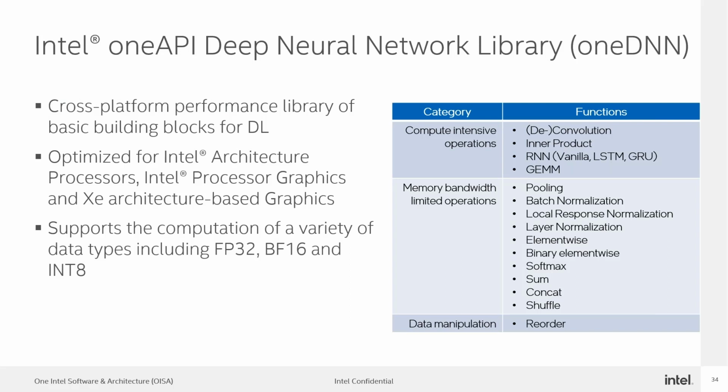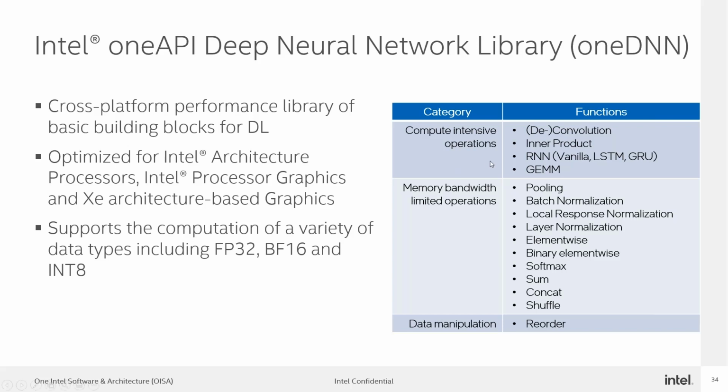OneDNN is a library that was designed specifically to accelerate the performance of the most popular, most widely used deep learning algorithms or operators. So OneDNN provides a cross-platform performance boost on Intel Xeon servers and Intel graphics cards, GPUs.